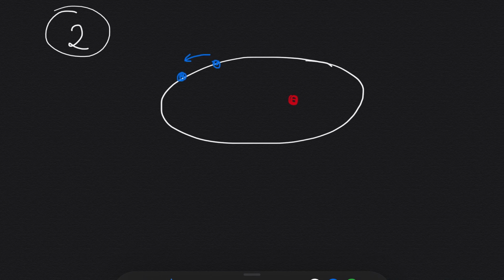So let's say that the Earth goes from this area to this location, and we draw an imaginary line that connects the Earth and the sun. So maybe I'll use gold for that. Let's say it went from this position to the next one, with that time being t. And the area that it sweeps is this area here. I'll just call it A.